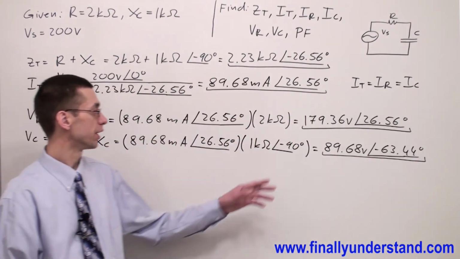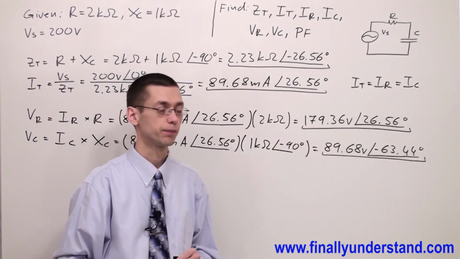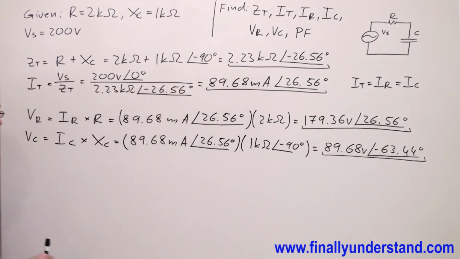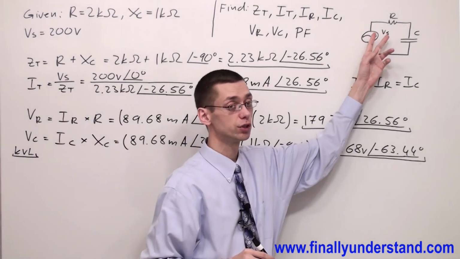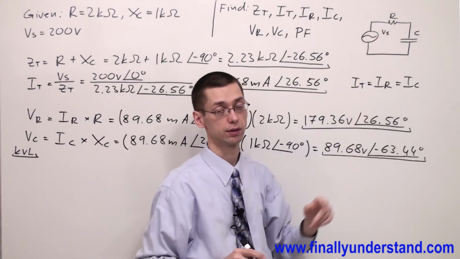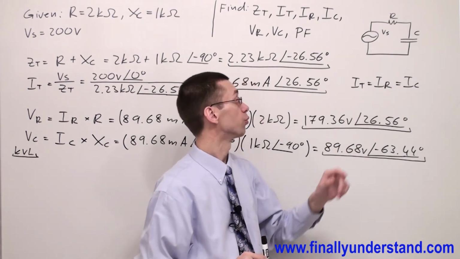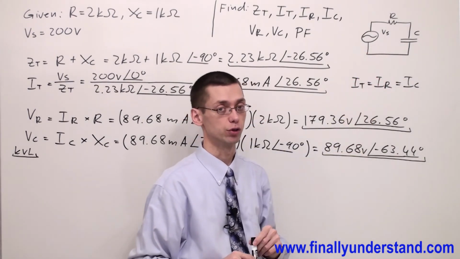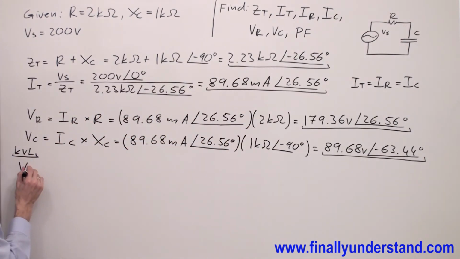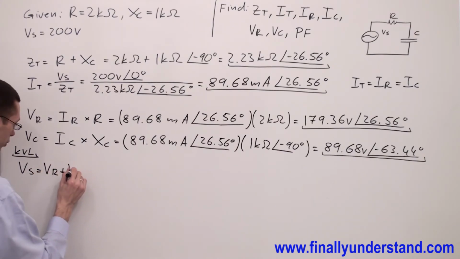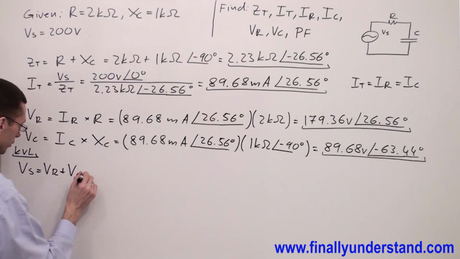Next, in order to verify that our answers are correct, you're supposed to apply KVL, Kirchhoff's voltage law, which says that the sum of voltage drops across each component in the series circuit is supposed to give me the value of the voltage source. So I'm supposed to write voltage source is equal to voltage across the resistor plus voltage across the capacitor.